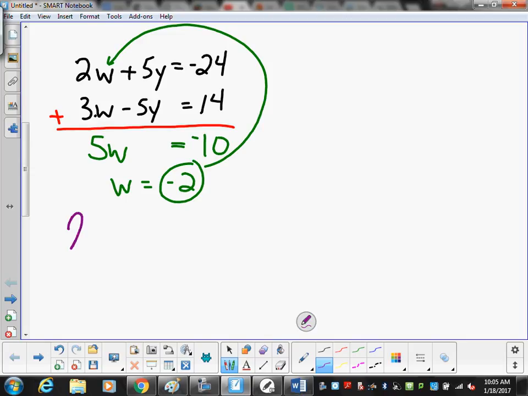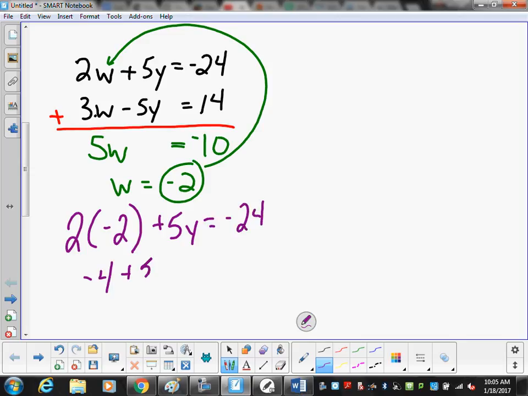Just plug in for w is a negative 2. Okay, so there's step by step written out. If you need help on any of those little steps, let me know and we'll get there.